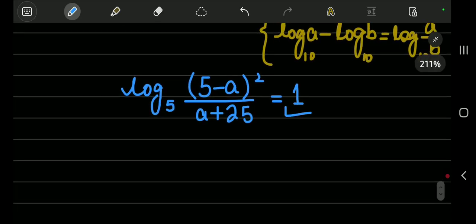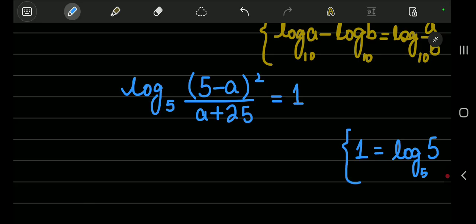We have 1 over here, so whenever you have 1, you can write it as a log with the same base and the same number. If you have a log with base a and the number a as well, it equals 1.